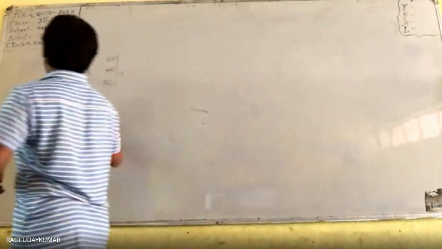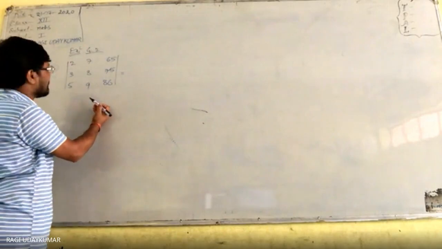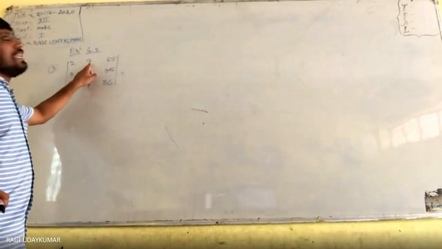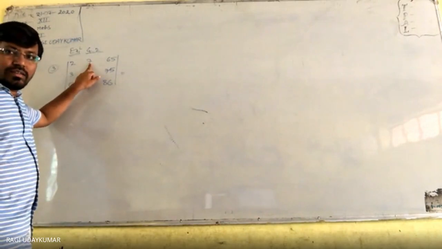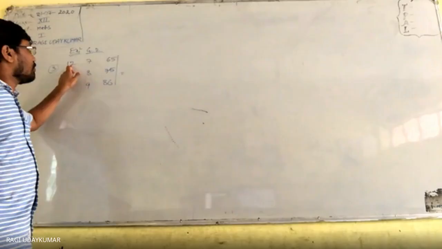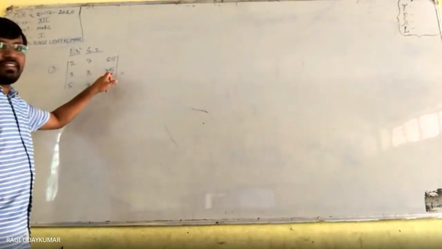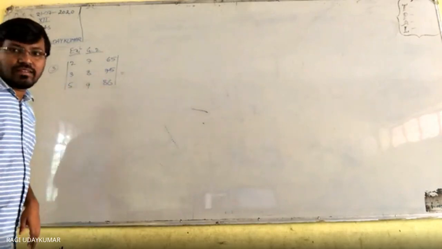See here. If you multiply this column by 9, 9 sevens are 63, and 2 makes 65. 9 eights are 72, and 3 makes 75. 9 nines are 81, and 5 makes 86.